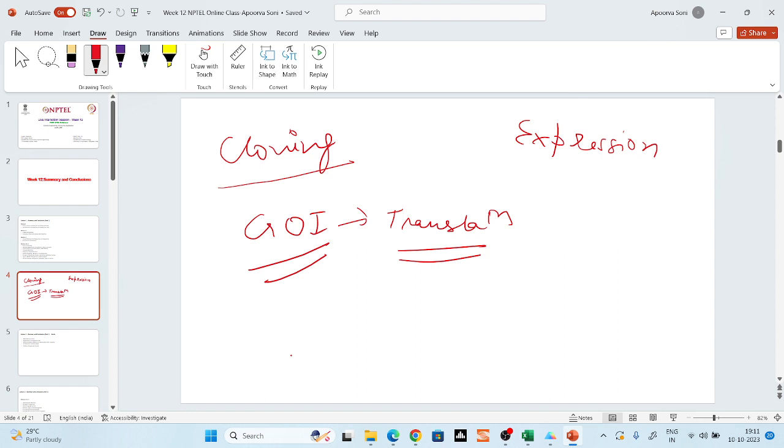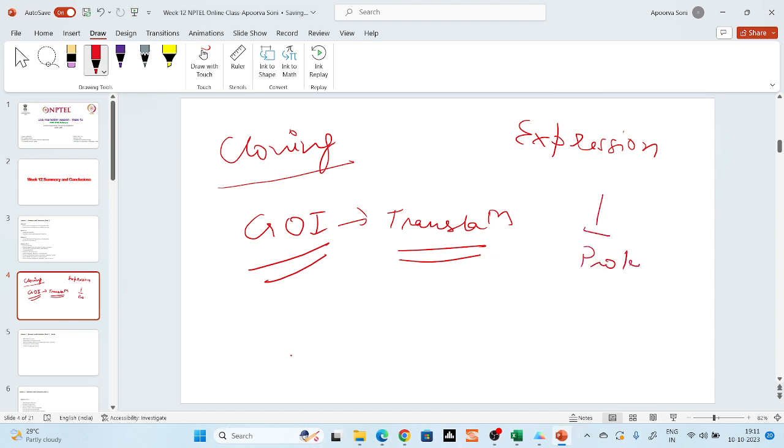So a cloning vector will just clone your gene of interest, but an expression vector will lead to the production of proteins also. We have studied downstream processing, product characterization, product purification, how we can purify our protein, how we can characterize it, how we can extract it. All these things come when you are using an expression vector only.